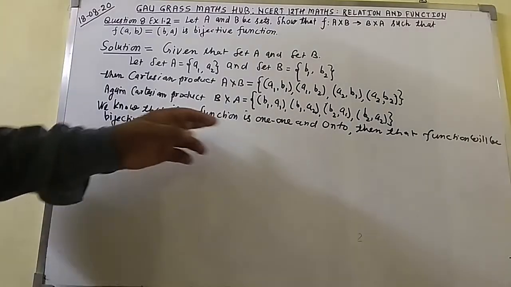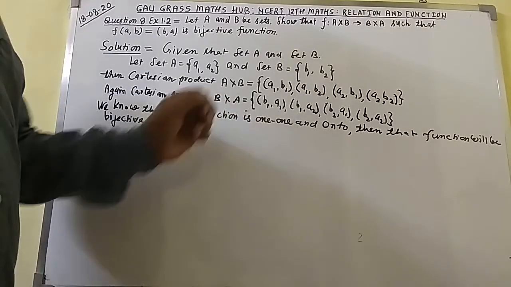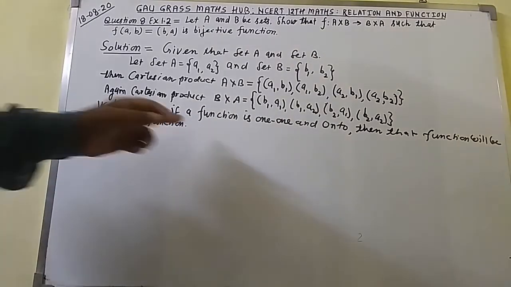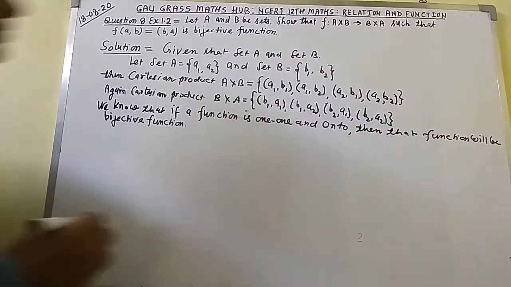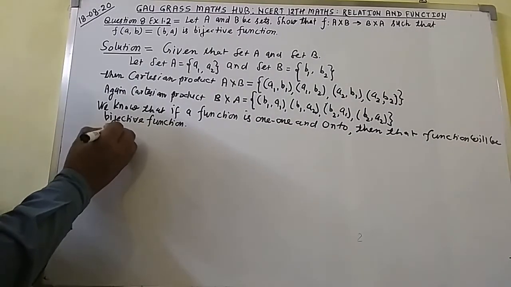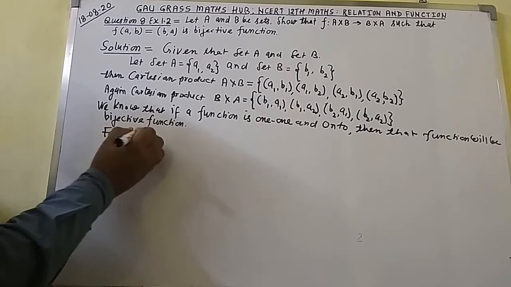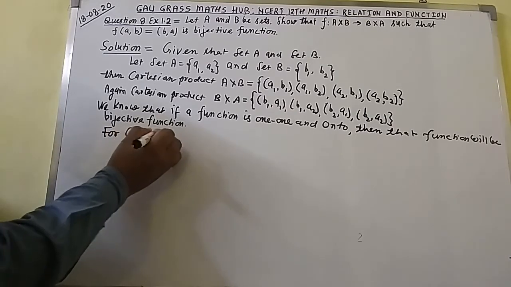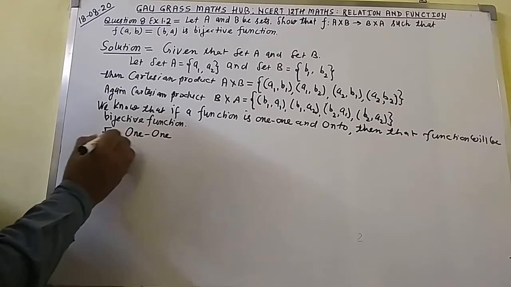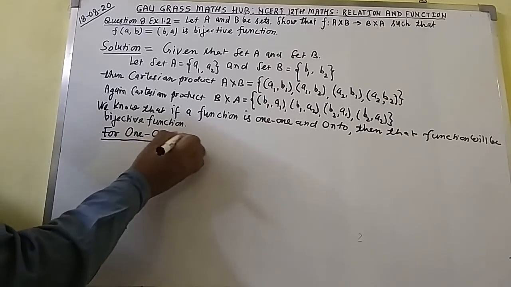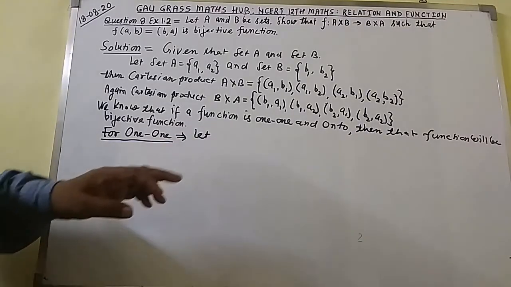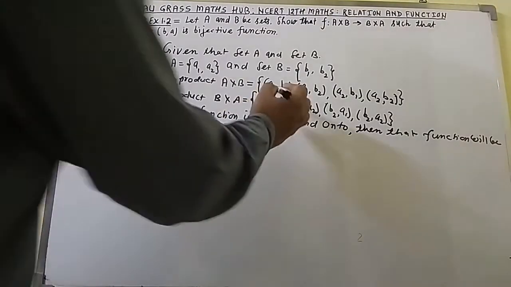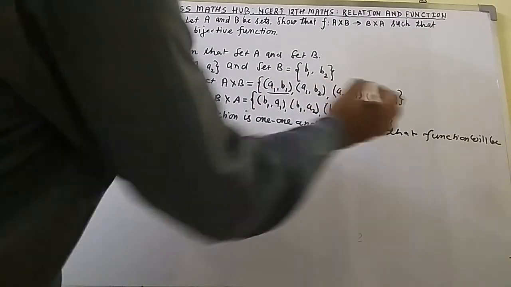So what to do? Here I am going to prove whether this function is 1-1. So here I am going to write, for 1-1. Let us take, here you can see A1 B1, here you can see A2 B2.